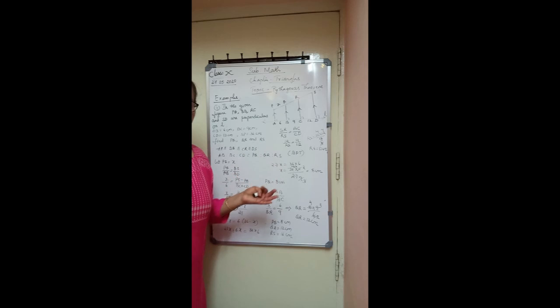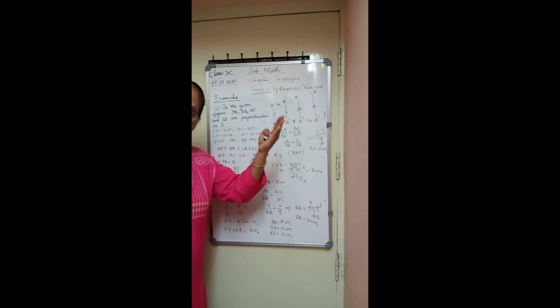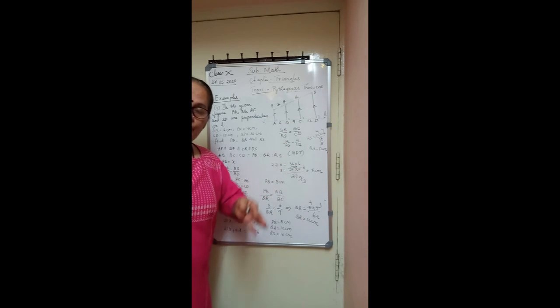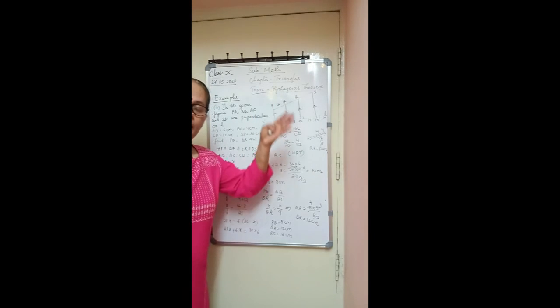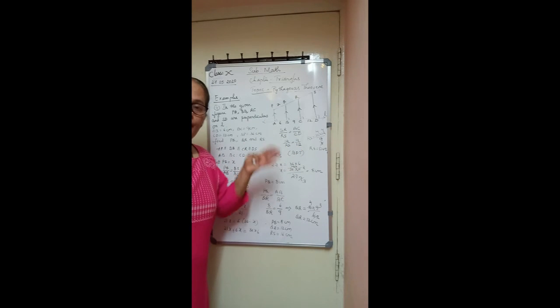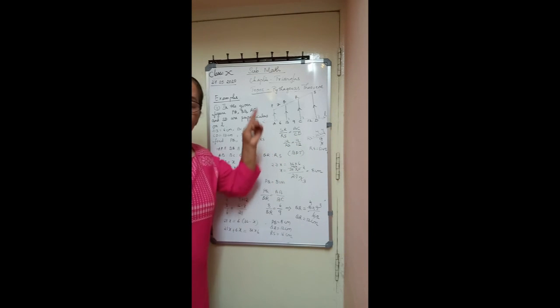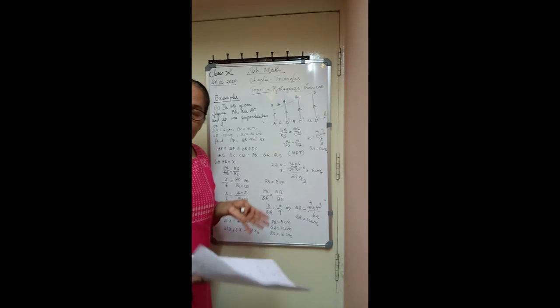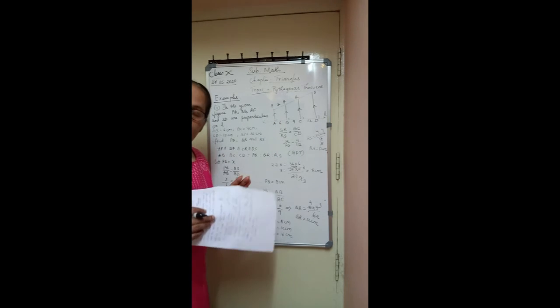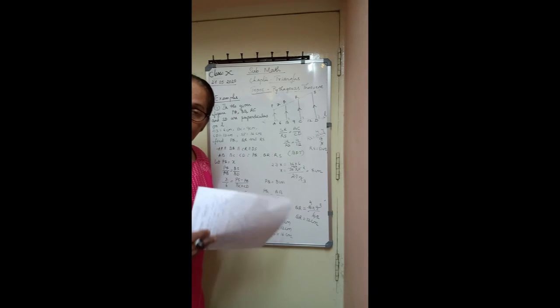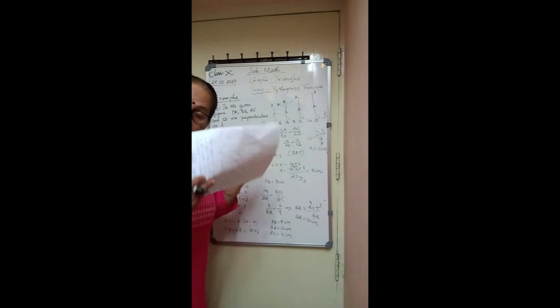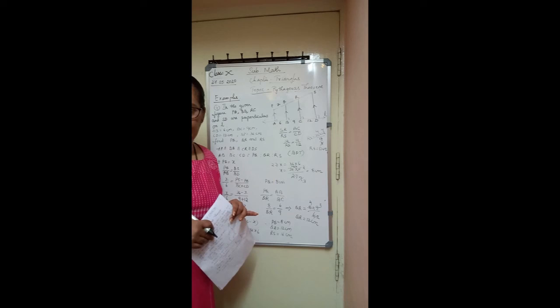The first theorem, 6.7, states that in a right angle triangle, if you draw a perpendicular from the right angled vertex to the opposite side, then the triangles on both sides of the perpendicular are similar to each other, and similar to the given triangle also.